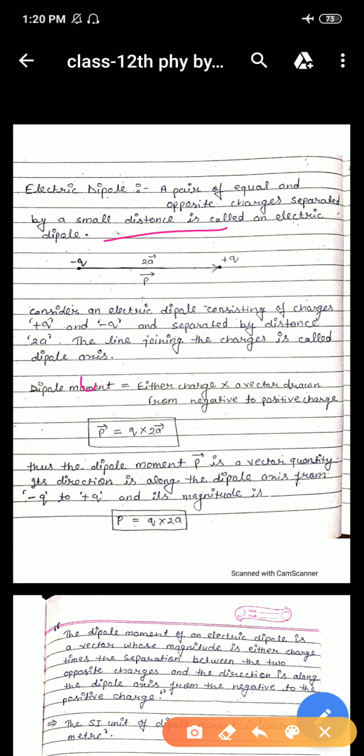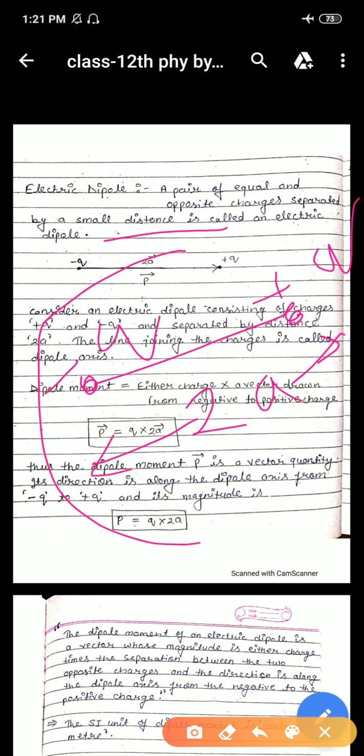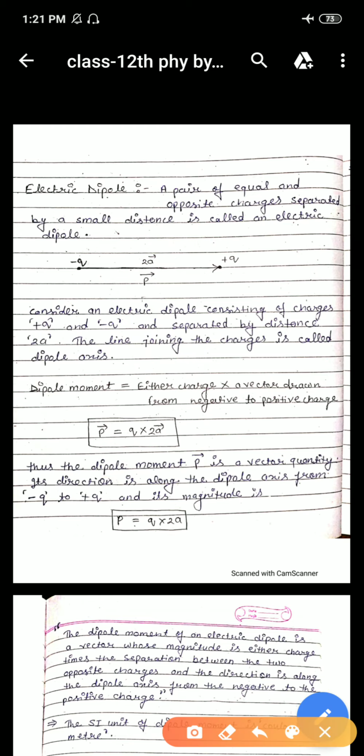Suppose this one is the first charge and this one is the second charge. This one is minus q, this one is plus q, and both are separated by a small distance 2a. Then this forms a dipole. Now the question is: what is the direction of the dipole?